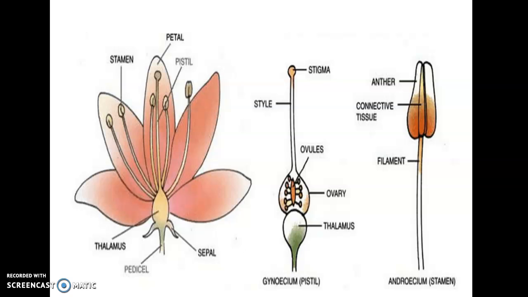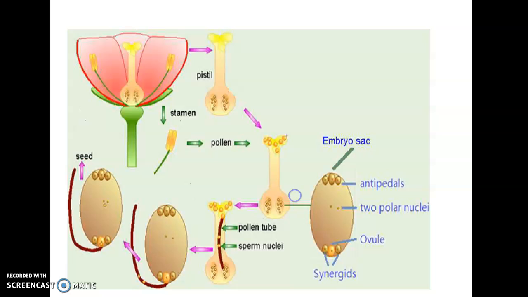Each embryo sac has a 3-celled egg apparatus, that is 1 egg cell and 2 synergids, then 3 antipodal cells and 2 polar nuclei. I will show you one diagram. See, this is an enlarged view of an embryo sac. Here you can see this part is known as the egg apparatus.